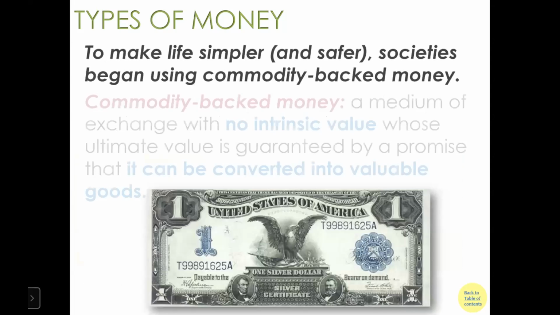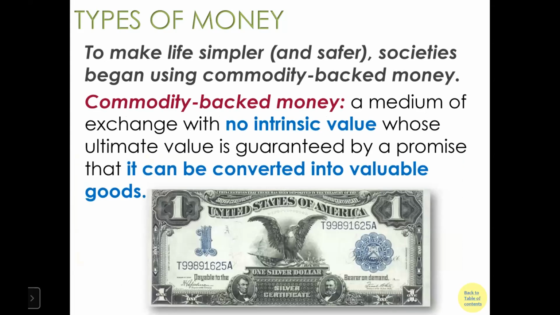Then at a later stage of human society, we developed commodity-backed money. Now the money itself has no intrinsic value, like this piece of paper. However, this paper is guaranteed by a certain amount of commodity, and the commodity itself has intrinsic value, right? But commodity-backed money has limitations.